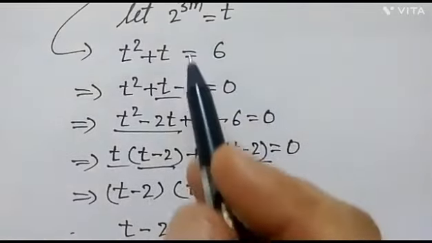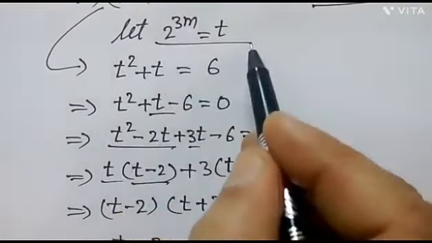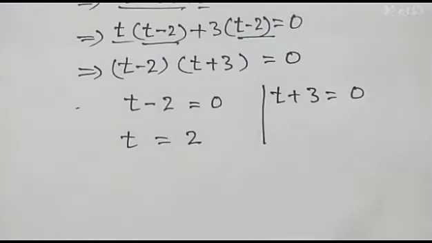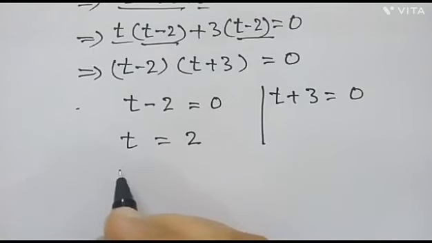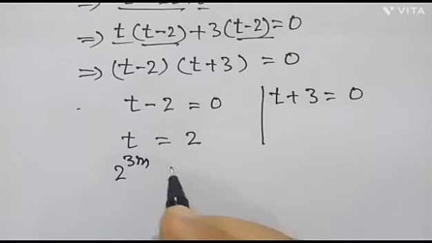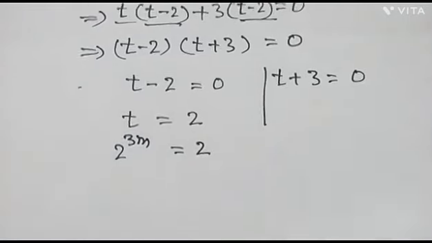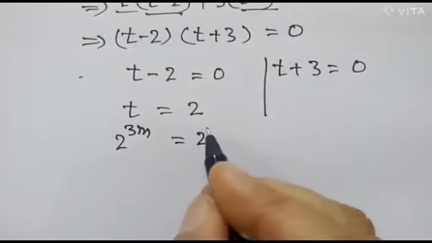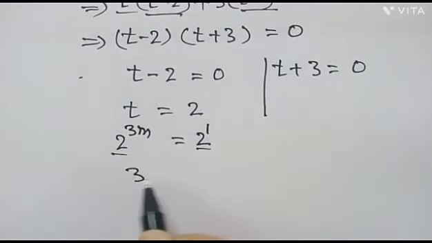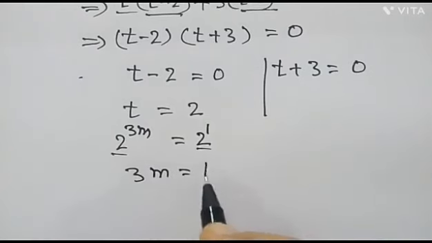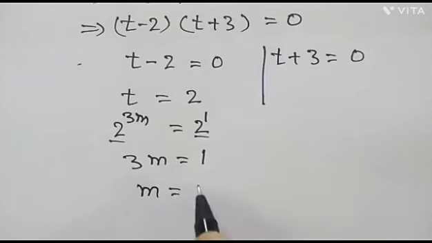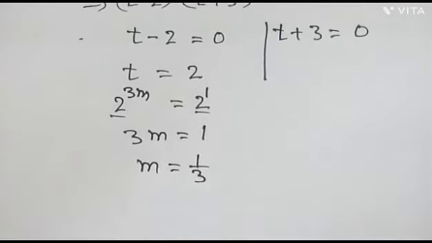As we have assumed 2 to the power 3m is equal to t, so we can write 2 to the power 3m in place of t is equal to 2 to the power 1. Now same base, so 3m is equal to 1, right? Or m is equal to 1 by 3, right?